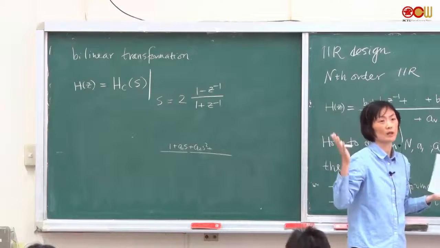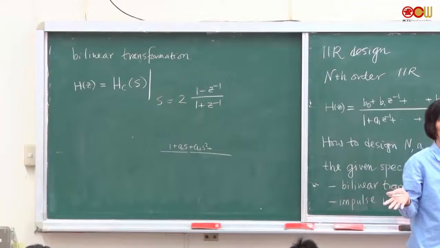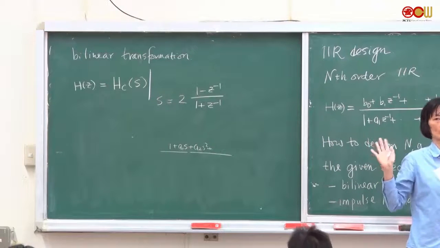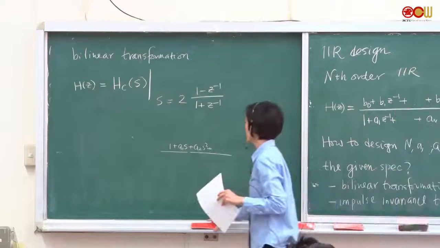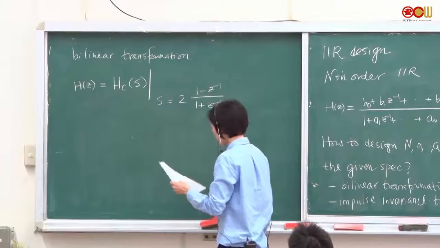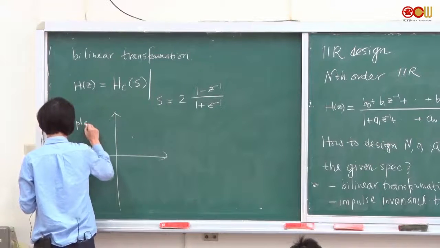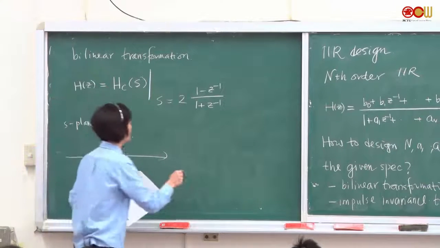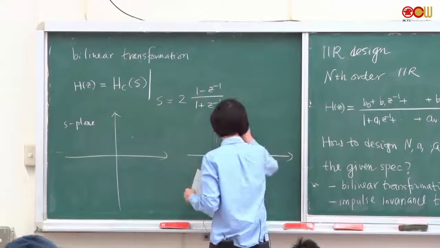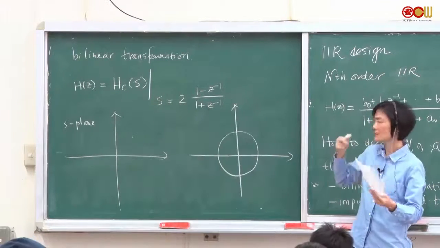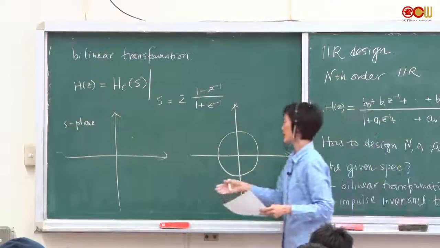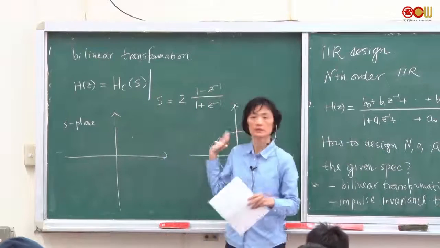But we still don't know what kind of transformation it is, so let's look into it. This is the s-plane, and in the frequency domain we would have the s-plane and the z-plane. This is a mapping of values on the s-plane to the z-plane.